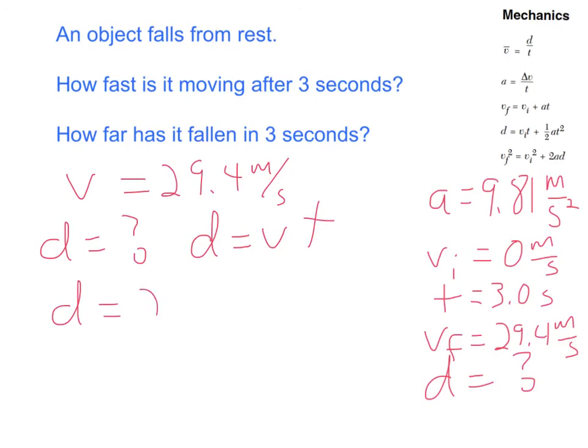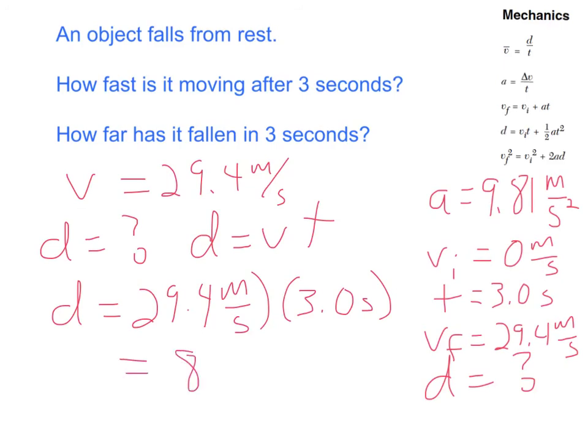So they'll multiply 29.4 meters per second, which is what they got from the first part of the problem, times 3 seconds. And they'll get 88.2 meters. And they'll say that that's the answer. But that answer is wrong. Can you see why?